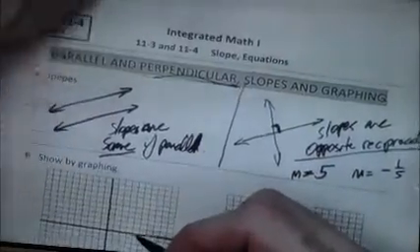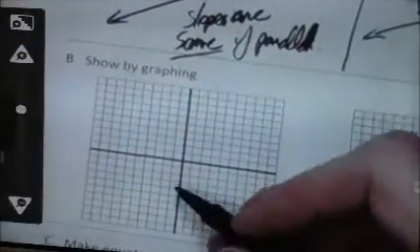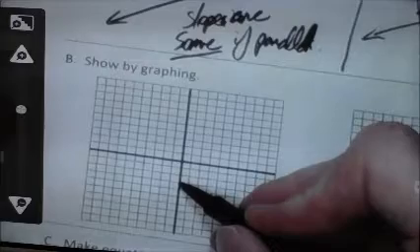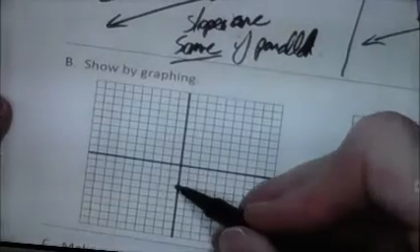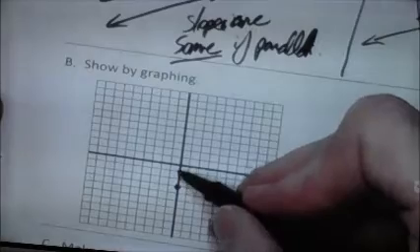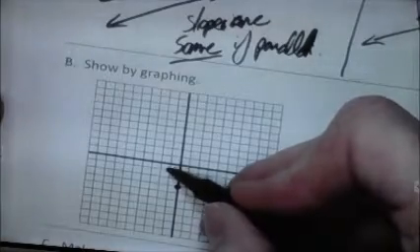Let's do it by graphing. For this one, put a point at y is at -3. And then I have a slope of 2. Okay. And the next point, put it there.